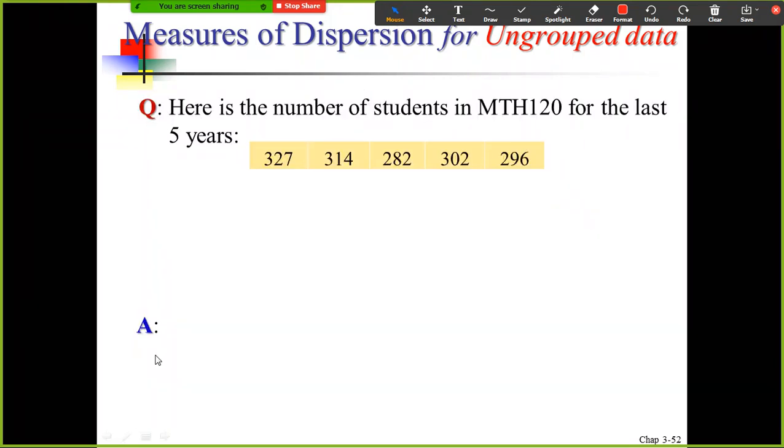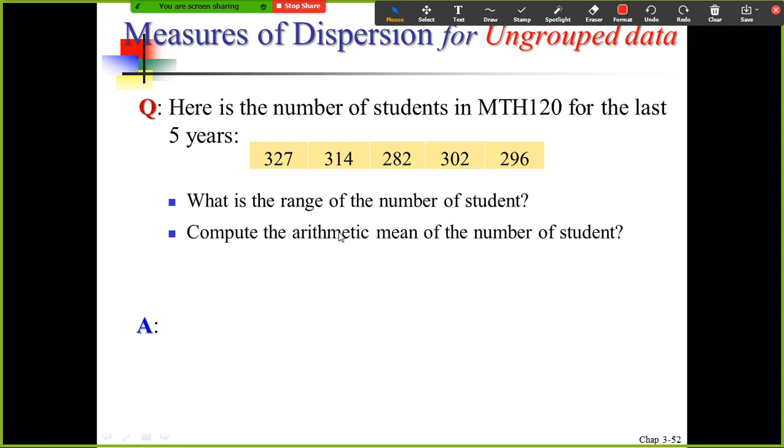Okay, question: here is the number of students in the statistics course for the latest 5 years, last year, last 2 years, last 3 years, last 4 years, last 5 years. What is the range of the number of students taking statistics?